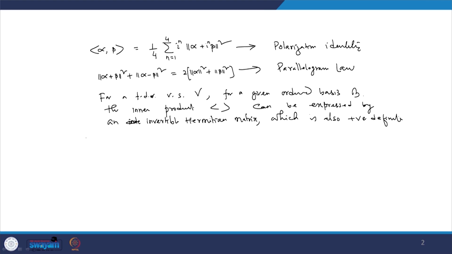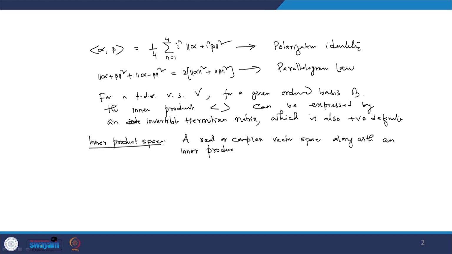So, let me define inner product space. A real or complex vector space along with an inner product in it is called an inner product space.